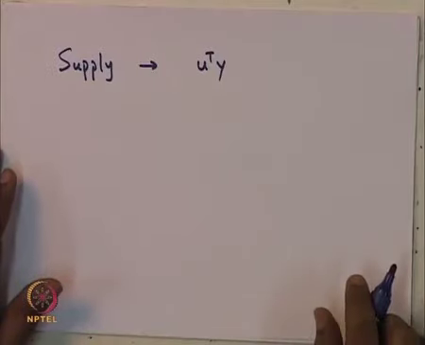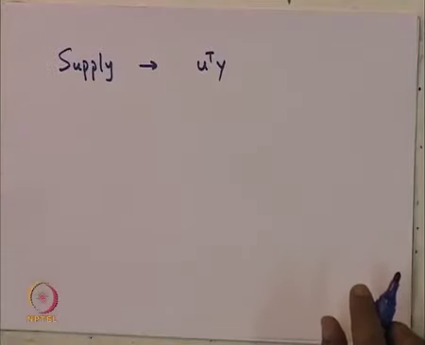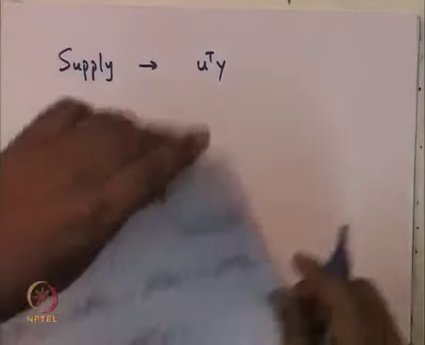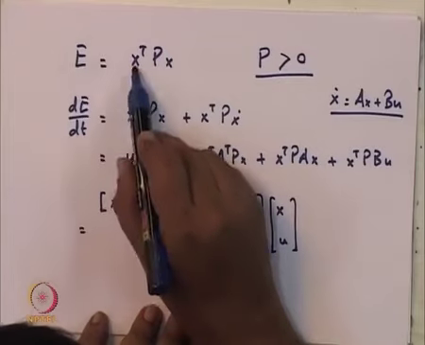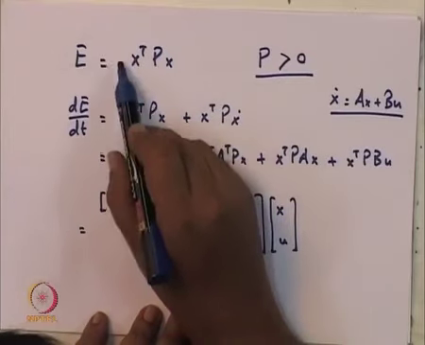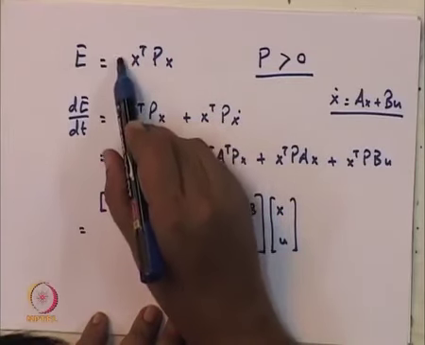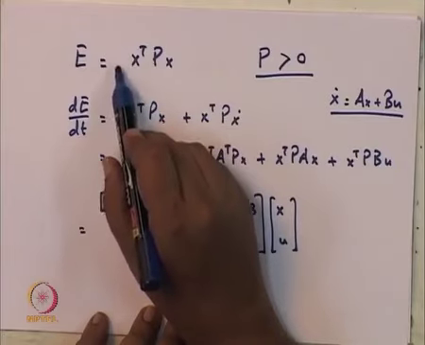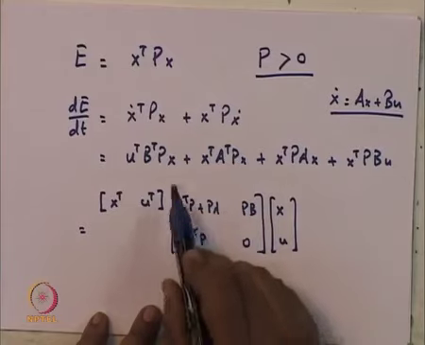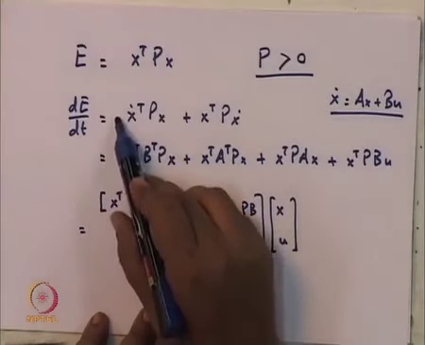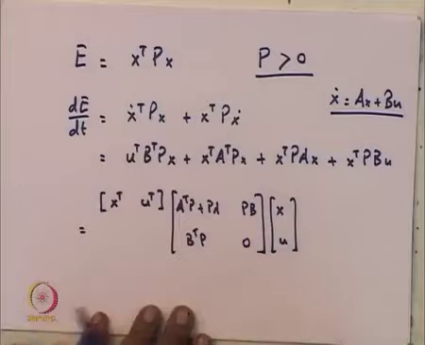Okay. A moment here, you see I have taken the storage function to be x transpose P x. Ideally, this is a quadratic, one would put a half here, and so what would happen is there would be a half appearing in all these terms because of the half that I have put there.